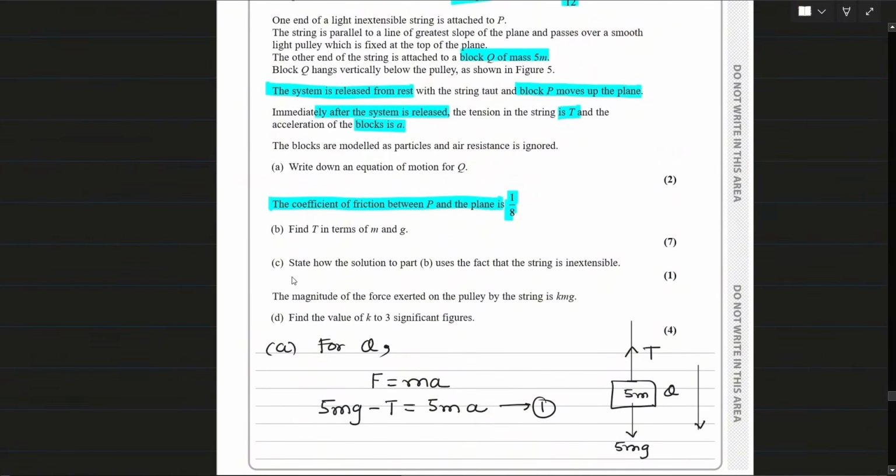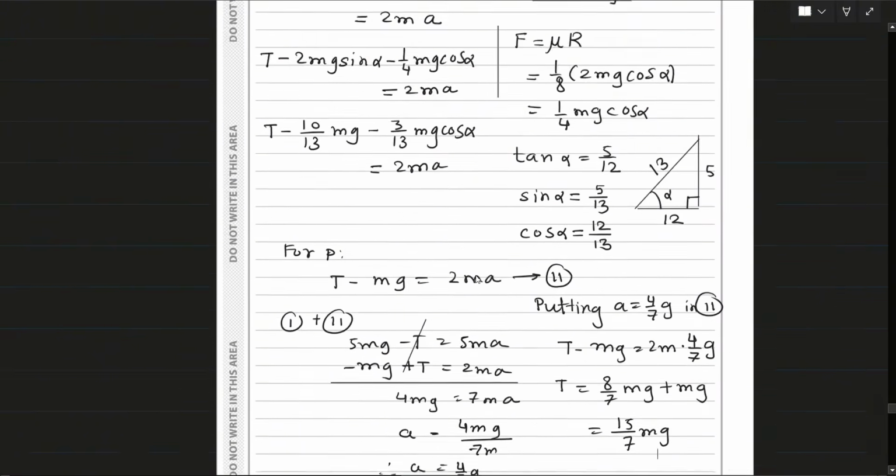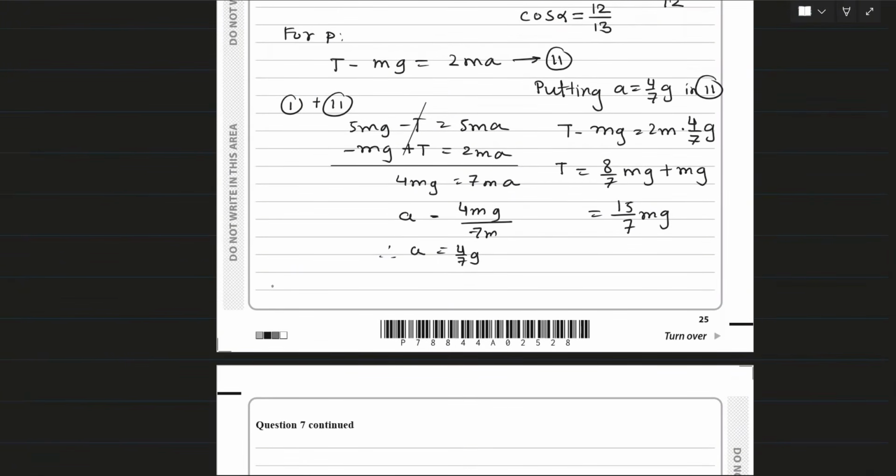Now for part C, we see that we are asked to state how the solution to part B uses the fact that the string is inextensible. We know that our assumption that the string is inextensible contributes to the fact that acceleration is constant. Whenever the string is inextensible, it guarantees that the acceleration of both blocks would be the same.